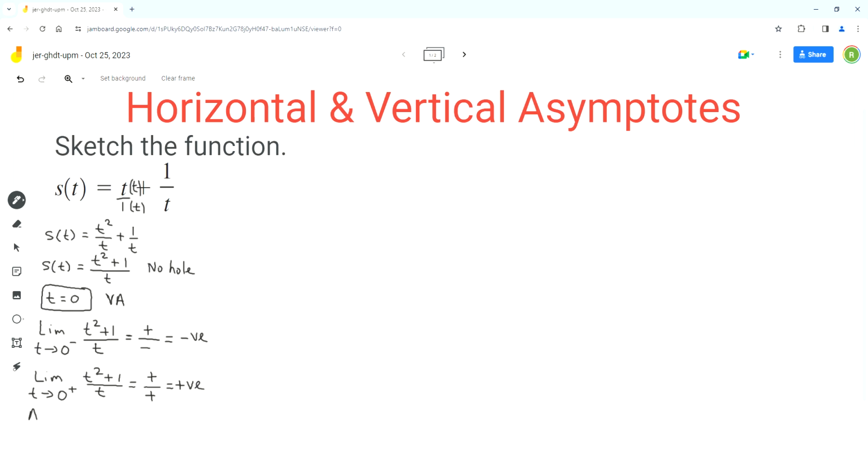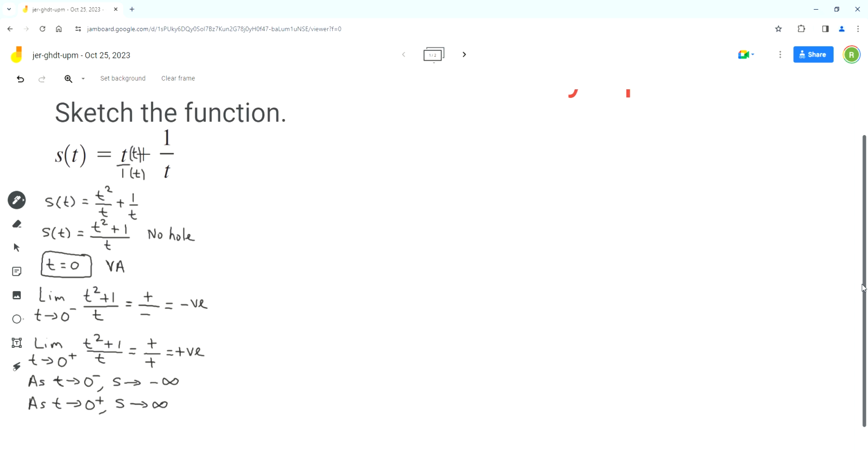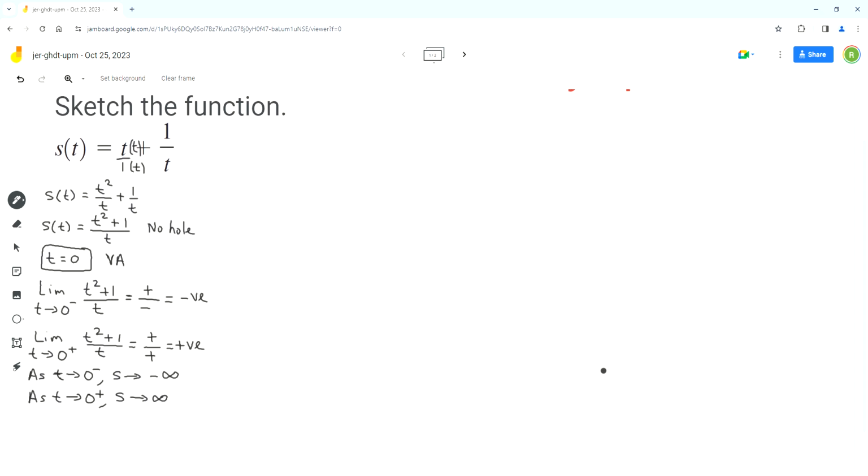So as t approaches 0 from the left side, the function s approaches negative infinity. And as t approaches 0 from the right side, the function s approaches positive infinity. So that's the end behavior around the vertical asymptote.